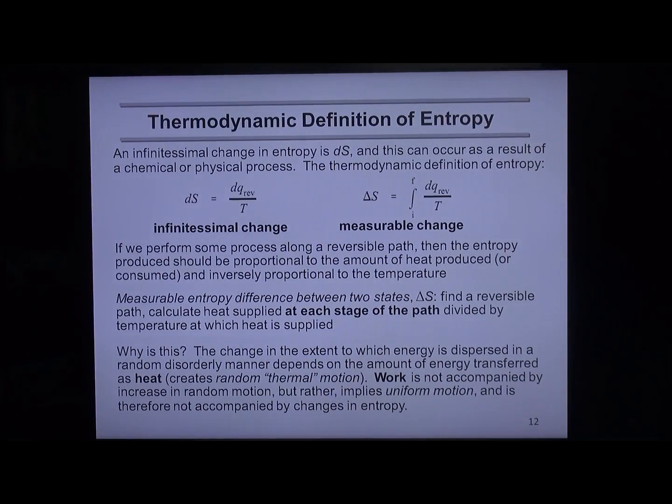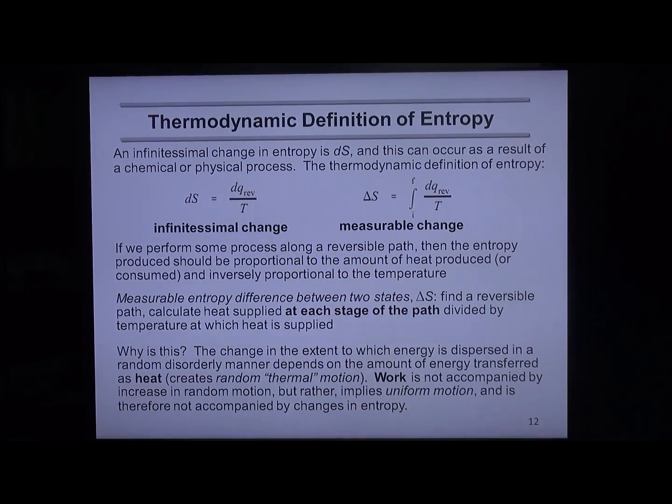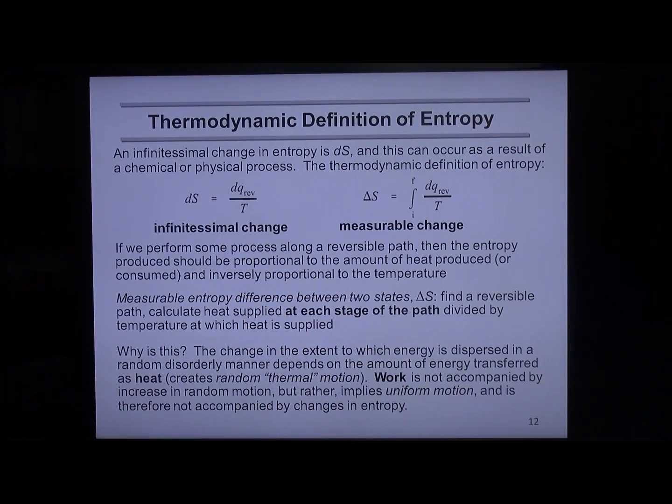Because entropy is related to random disorganized motion, which corresponds to heat, right? Why reversible? Because heat is a path function, so it depends on path. To define something, we need some reference point, some standard.